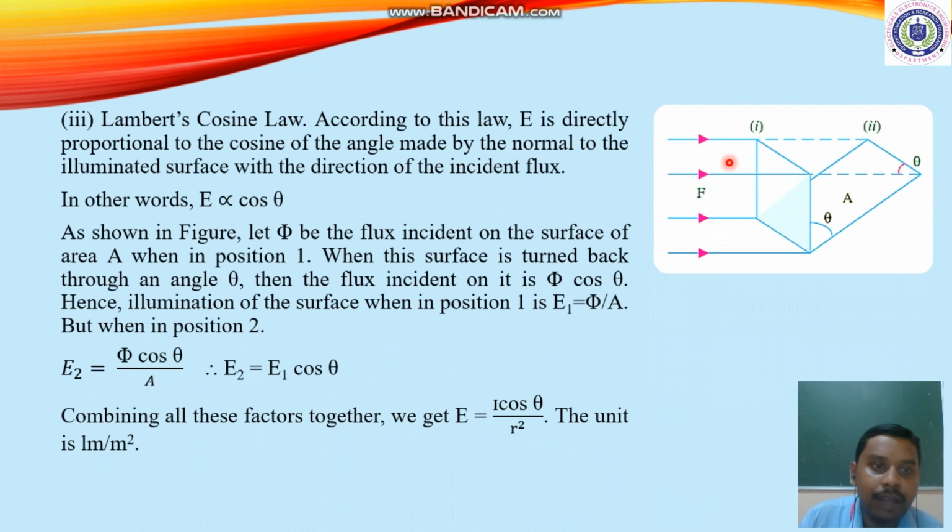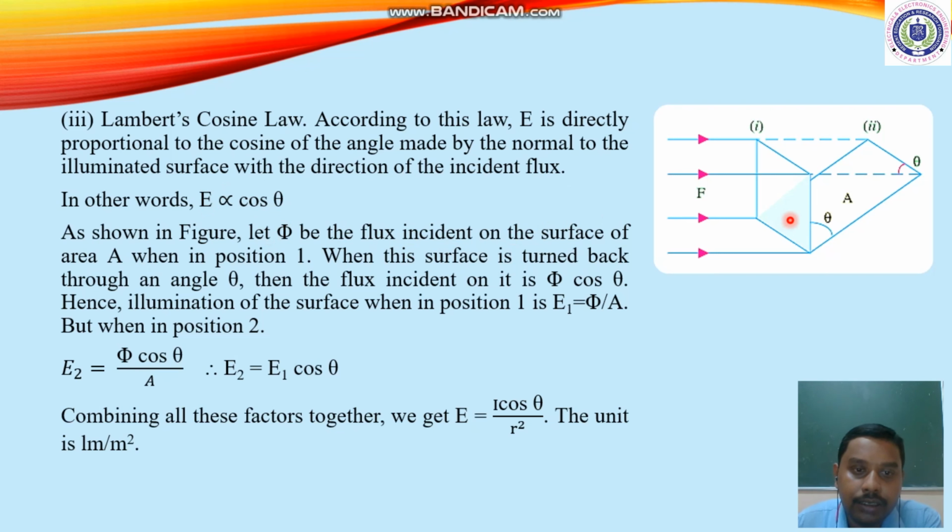The next law is Lambert's cosine law. In this law, E is directly proportional to the cosine of the angle made by the normal to the illuminated surface with the direction of the incident light. In other words, E is proportional to cos theta.